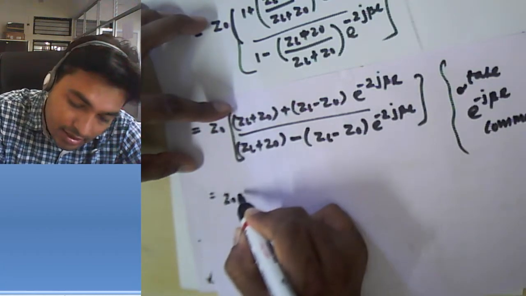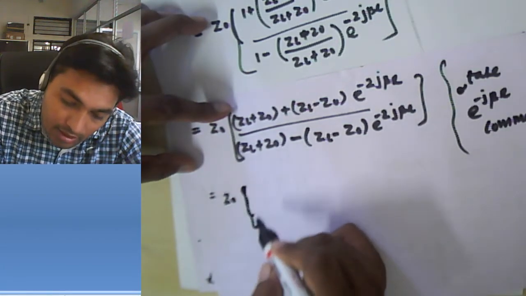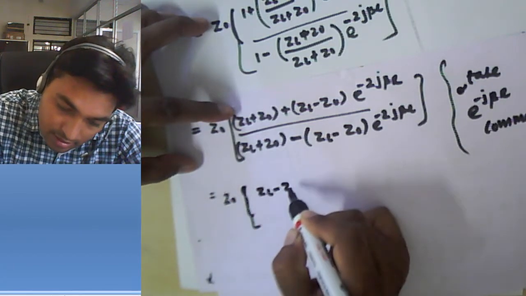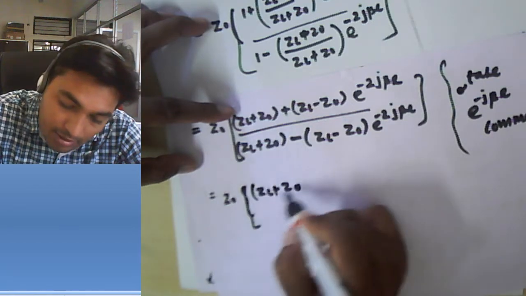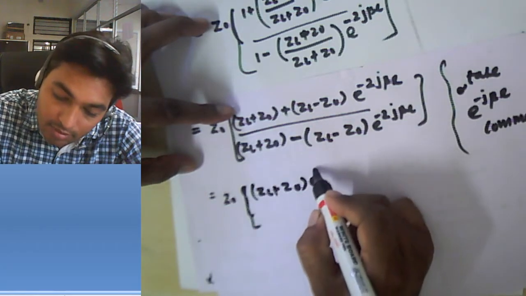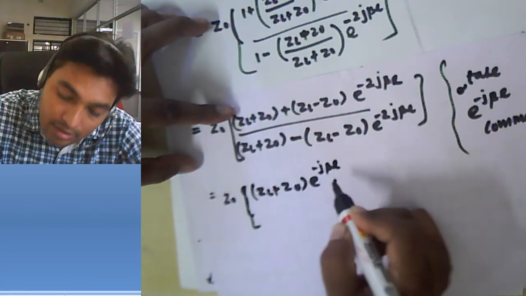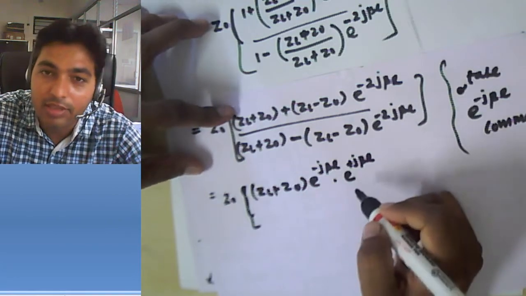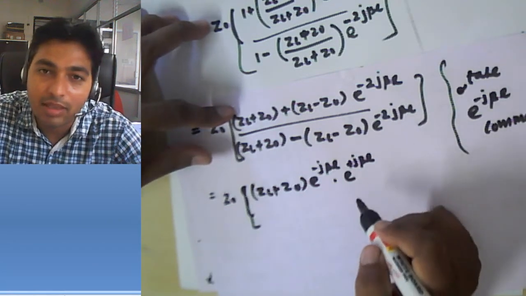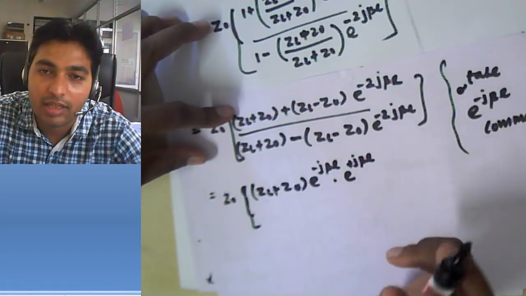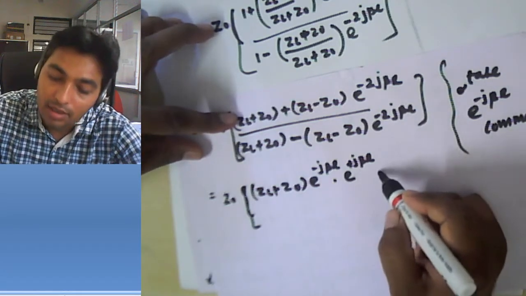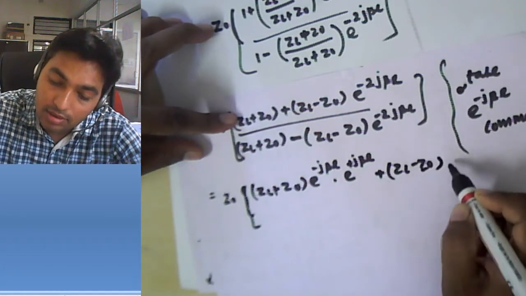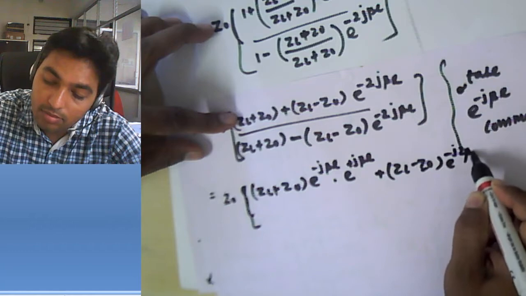Z0 is as it is, so it will be plus ZL plus Z0 e raised to minus j beta L into e raised to plus j beta L. So that will be e raised to j beta L minus j beta L, so e raised to 0, anything raised to 0 is equal to 1, and here we'll have ZL minus Z0 into e raised to minus j2 beta L.